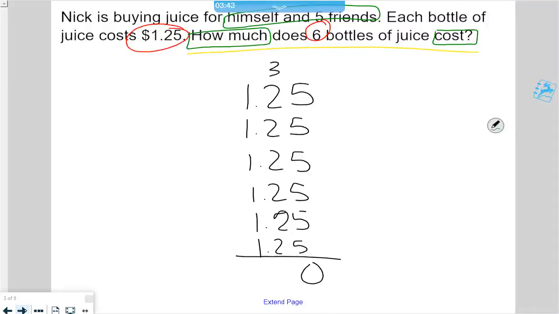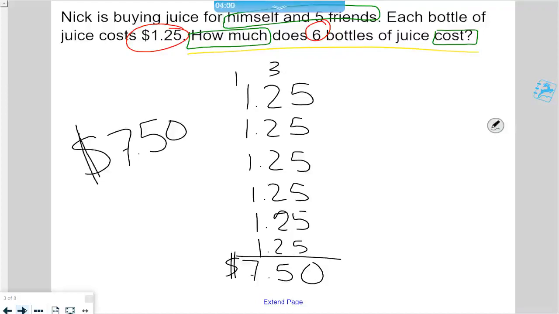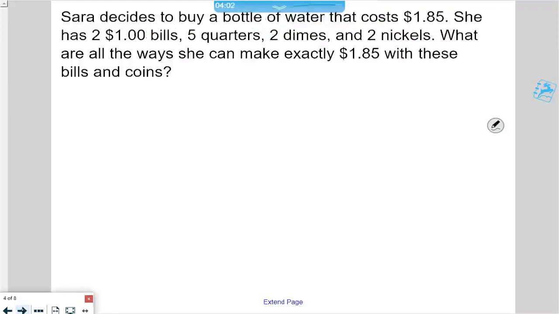Carry the 3. 2, 4, 6, 8, 10, 12, 13, 14, 15. Carry the 1. 1, 2, 3, 4, 5, 6, 7. So for him to buy juice for him and his buddies, it's going to cost $7.50.